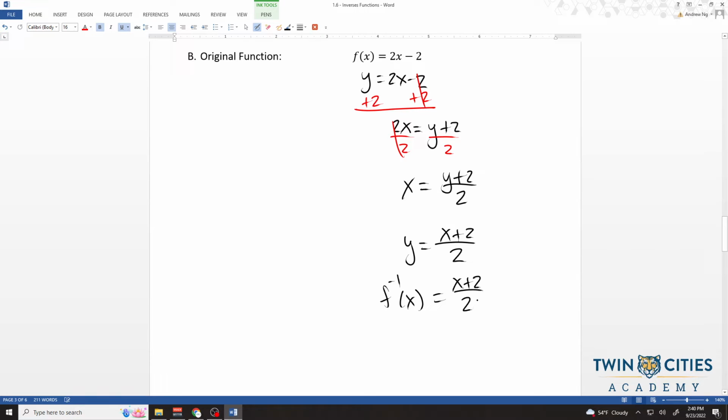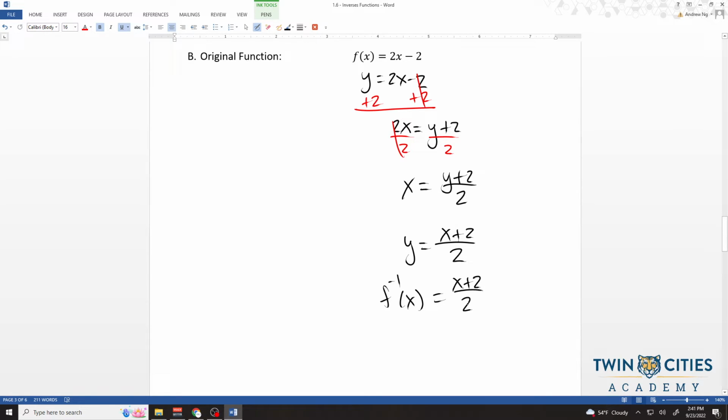Now, worth noting here, sometimes your textbook or your teachers, professors might want you to go a step further in saying, well, is there something else that we can do here? Remember that x plus 2, all of x plus 2 is being divided by 2.